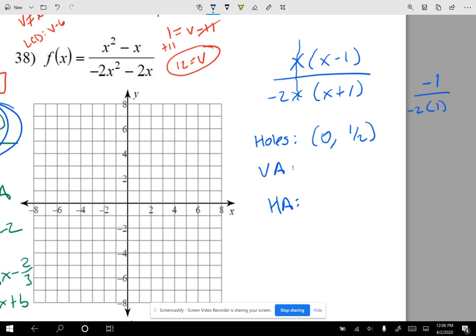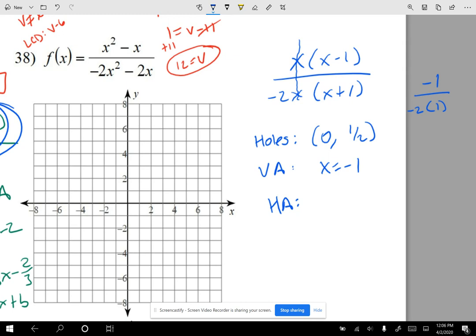Remember, I was just looking at x equals 0. Now for my vertical asymptote, I'm looking at what I have left. I'm looking at what values of x will make my denominator equal to 0, and I get x equals negative 1.